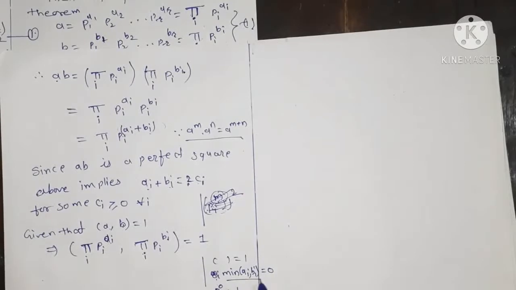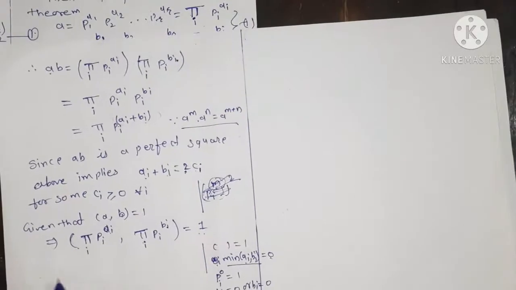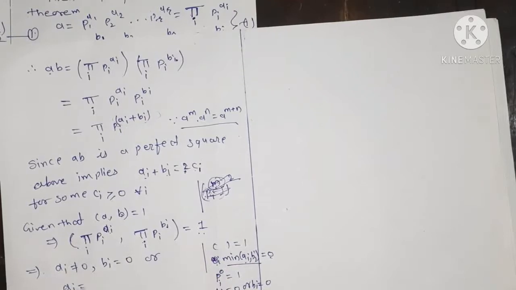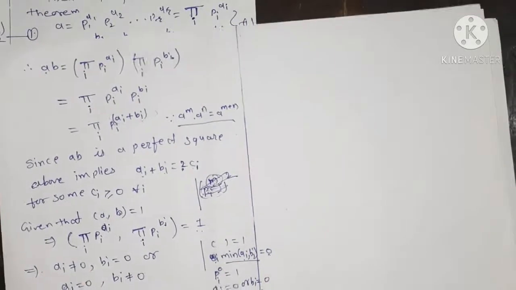So to require the minimum of ai comma bi to be equal to 0, we require that ai equals 0 or bi equals 0, right? So the GCD being equal to 1 implies that when ai is not 0 then bi should be 0, or when ai equals 0, then bi is not 0. So one should be 0 and the other not.